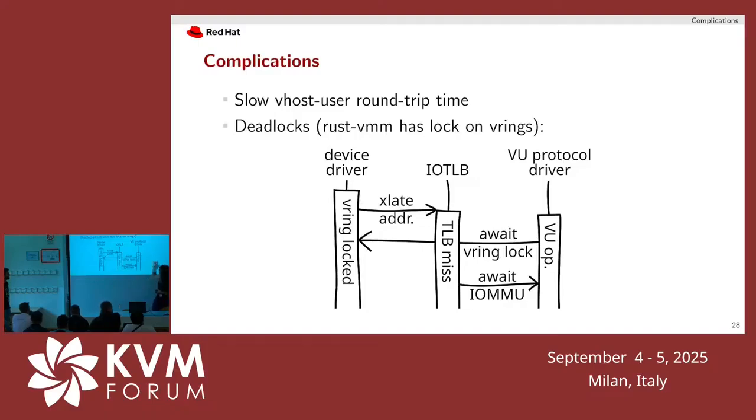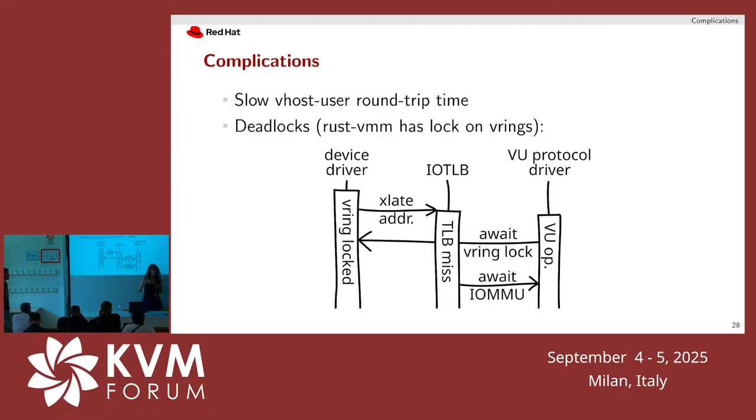Now, what happens if you're concurrently processing a completely different vhost-user operation from the front end that may need to modify the vring, like a set vring call message? You get a deadlock, because now this operation will try to lock the vring, cannot do that because it's currently locked, and the lock will only be released once the IOMMU message comes in, which will never come. That's a specific rust-vmm problem. I don't think it's easy to solve, however.